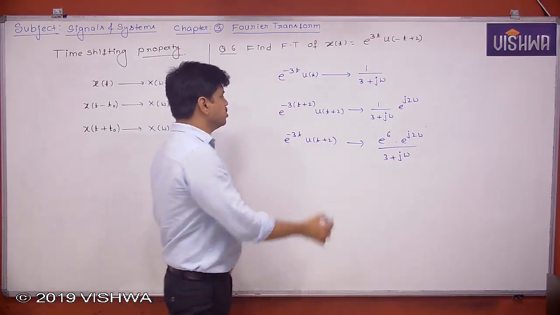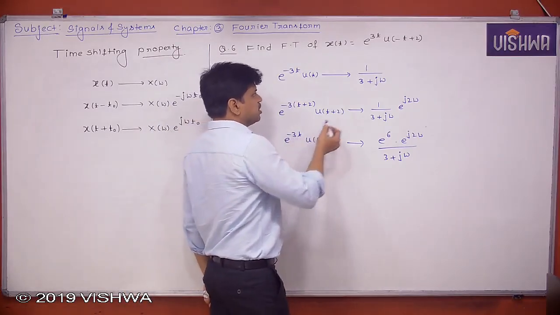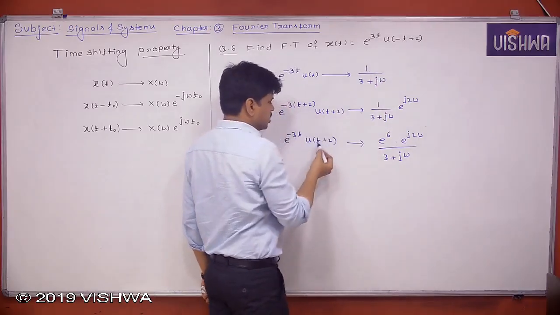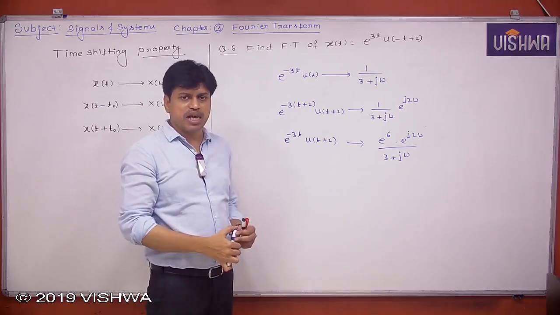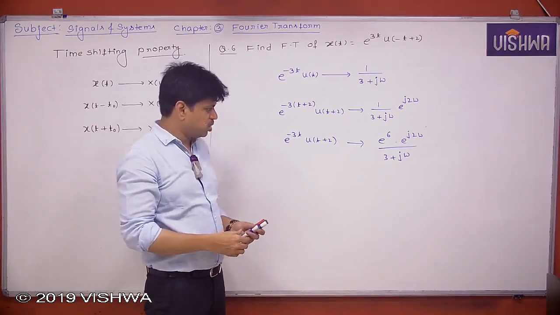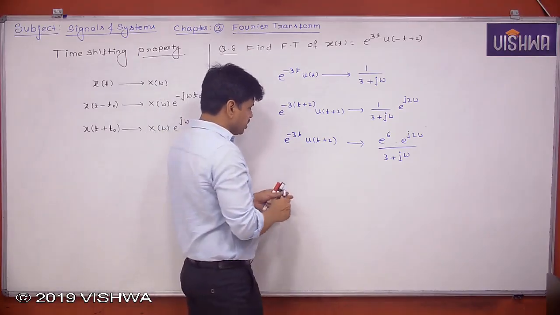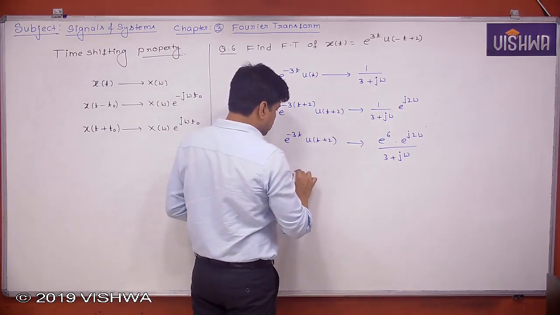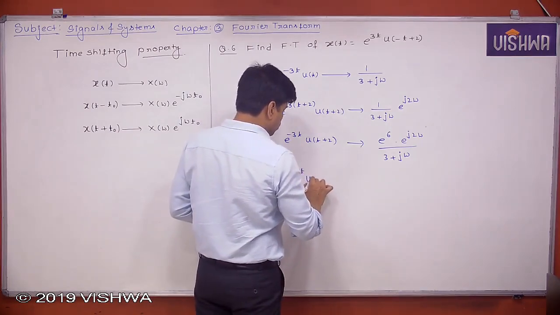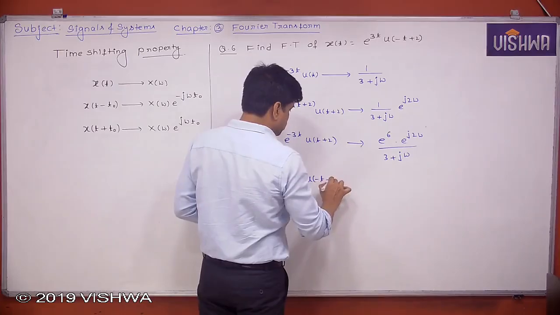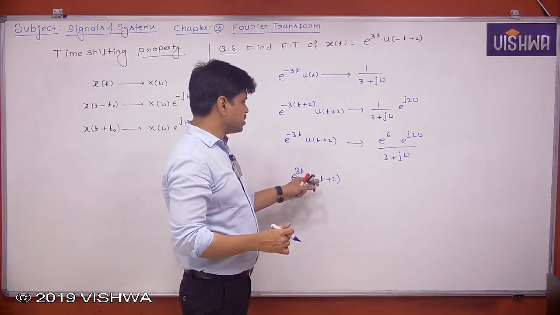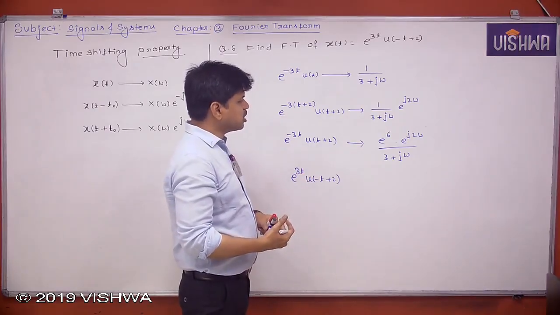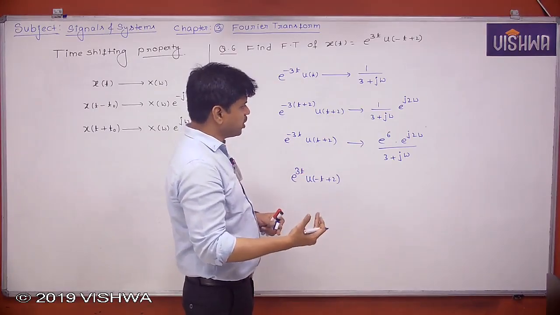But here I have to get e power 3t, and u of minus t also. Can I simply replace t with minus t? That means I am applying the time reversal property. If I apply the time reversal property here, this is going to give you e power 3t u of minus t plus 2. What is it going to do in the Fourier transform?